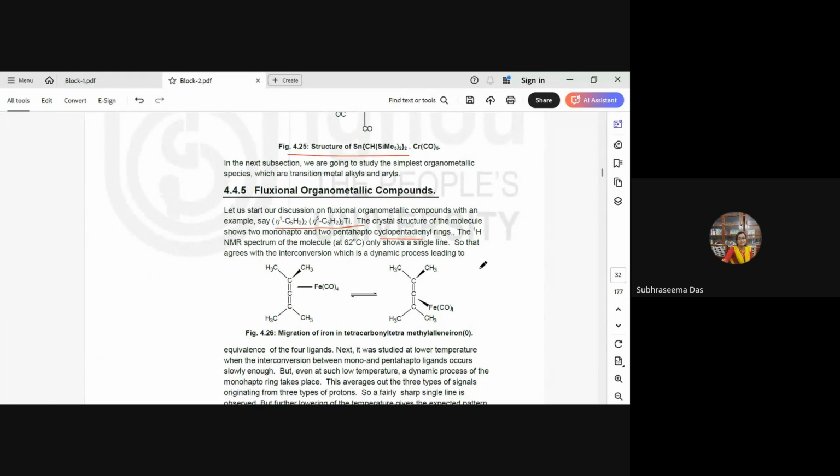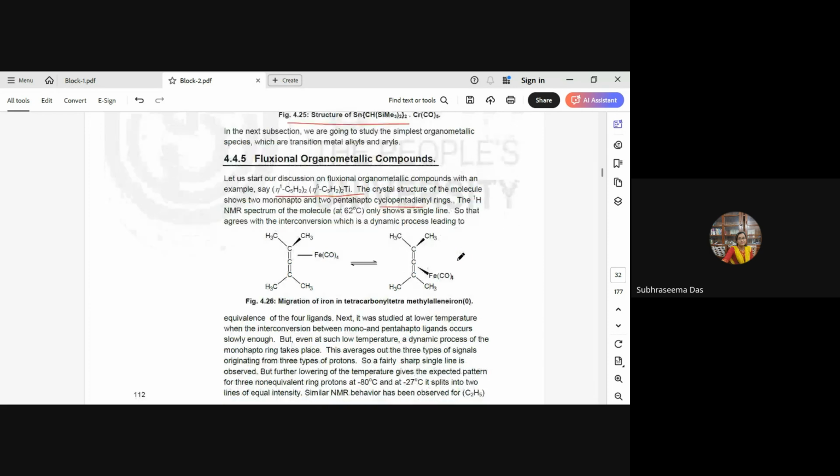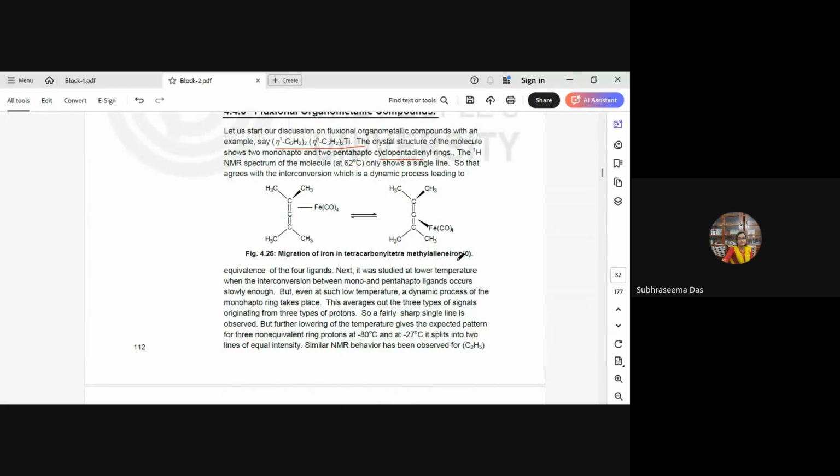Here the proton NMR shows a single line. So this implies that the interconversion is a dynamic process. It was studied that at lower temperature, the interconversion between the mono and pentahapto ligands is very slow, although at low temperature the dynamic process of the monohapto is prominent.